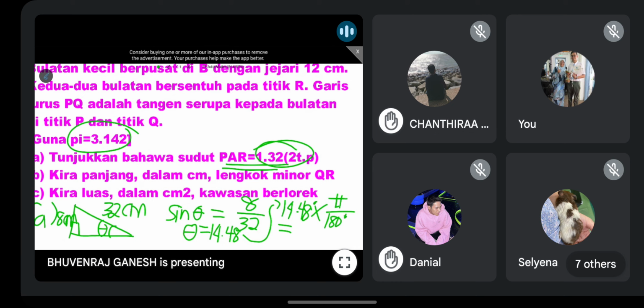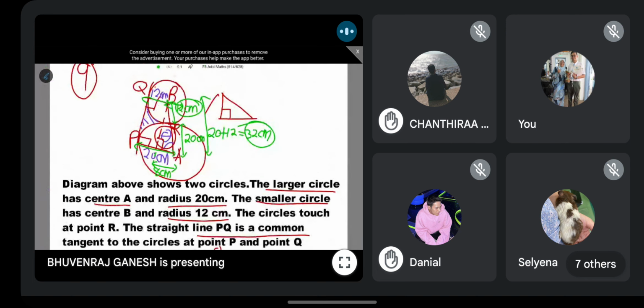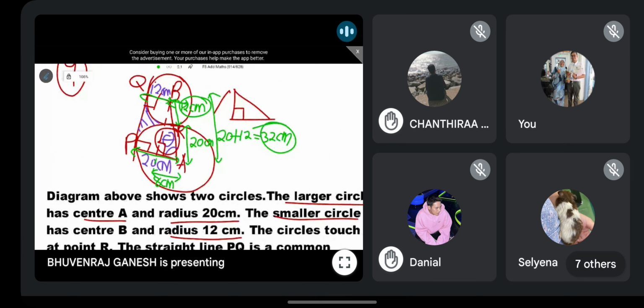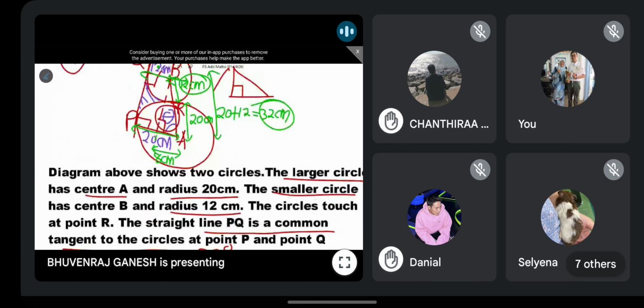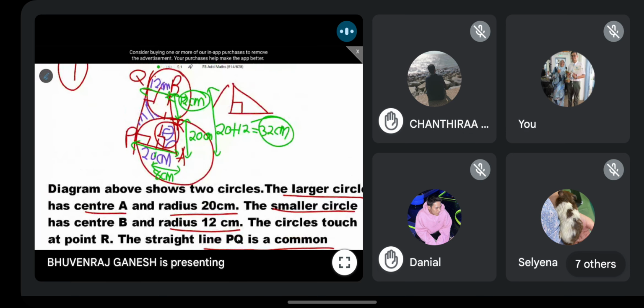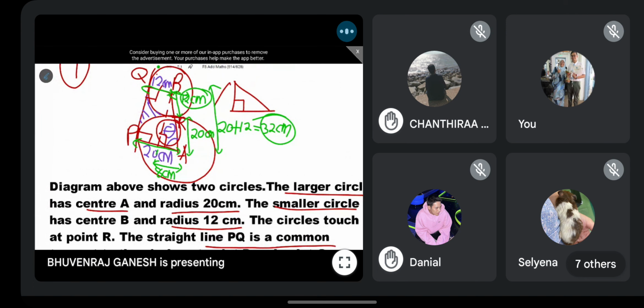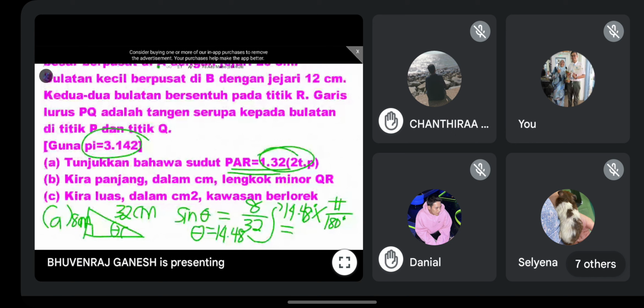Kenapa tak dapat jawapan? Wait guys, mungkin segitiga saya salah kot. Wait for a while. Mungkin saya buat silap. 32, 8. Wait guys, saya cuba lagi.